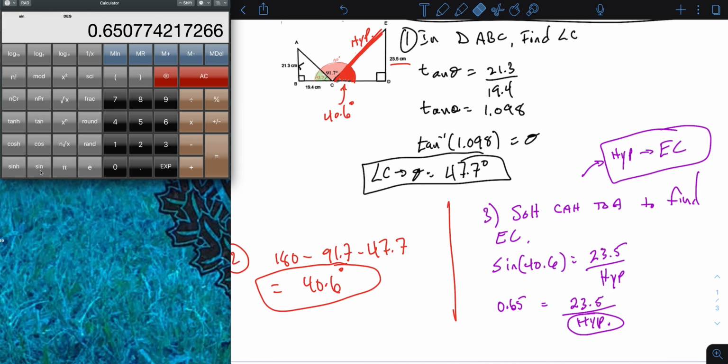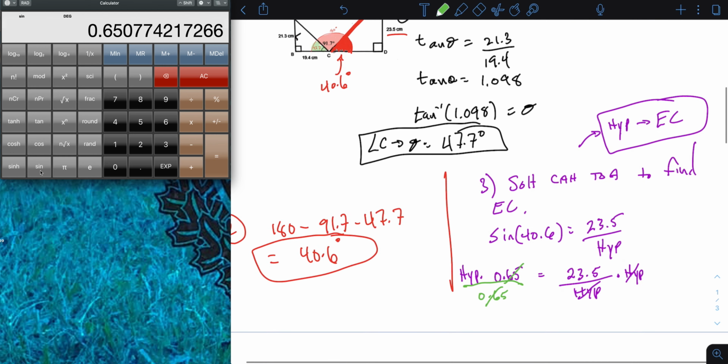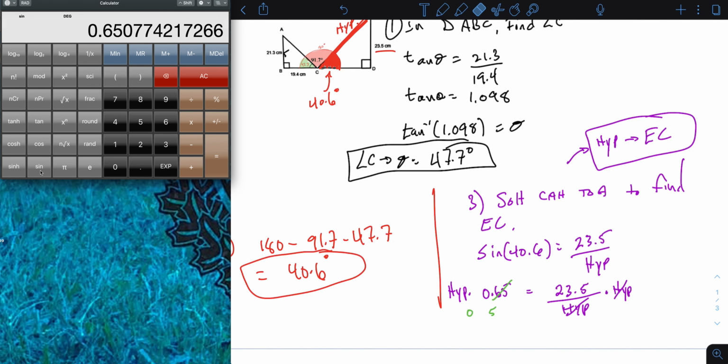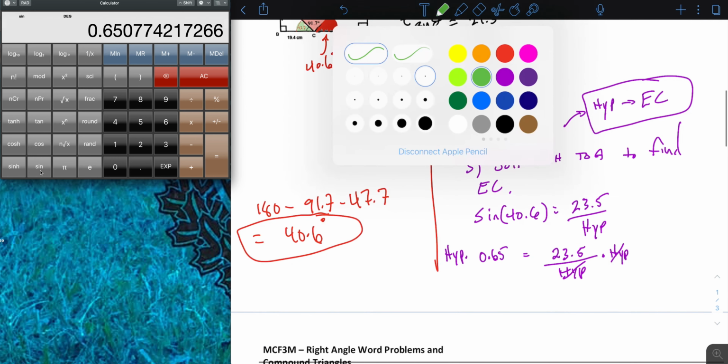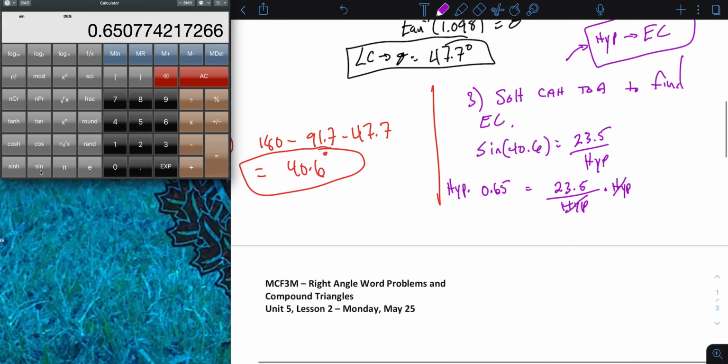So with a little simple manipulation, if I multiply both sides by the hypotenuse, they cancel here, and I'd be left with the hypotenuse times 0.65 equal to 23.5.